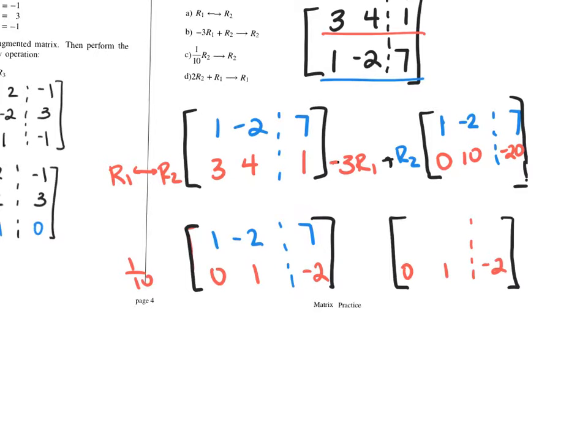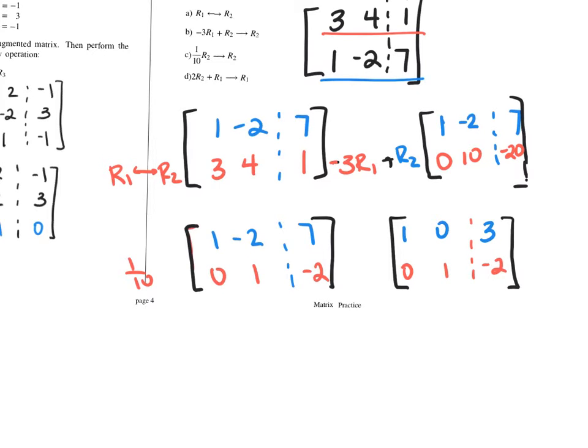So 2 times 0 is 0, plus this 1 right here is going to be a 1. 2 times 1 is 2, plus the -2 is going to make this a 0. And then 2 times -2 is a -4, plus 7 is going to give me a +3.